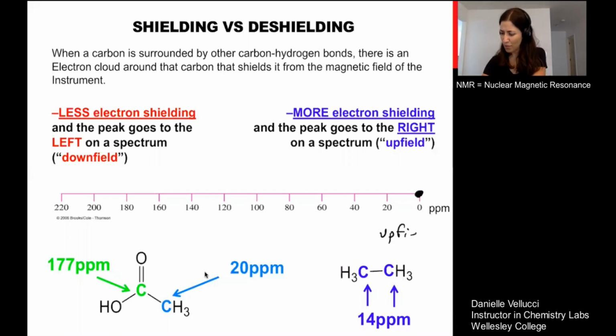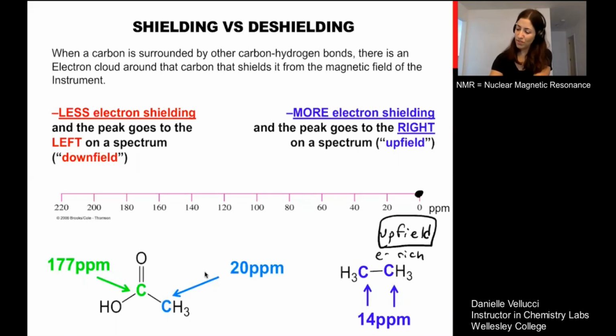The lower number is called upfield. Okay, this is an electron-rich environment. As you move down on your C13 axis, which goes all the way to 220, we call this sort of an electron more poor environment, and we call this downfield.